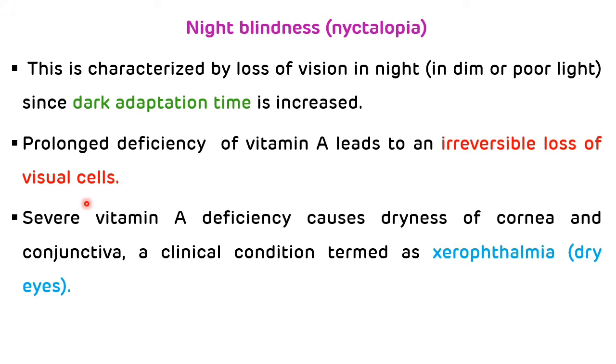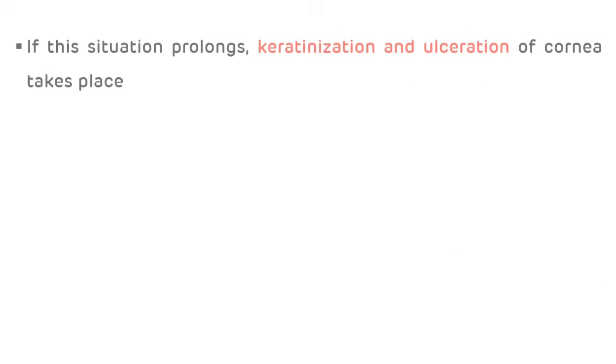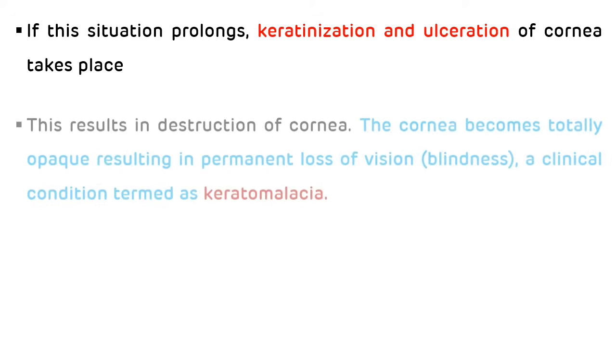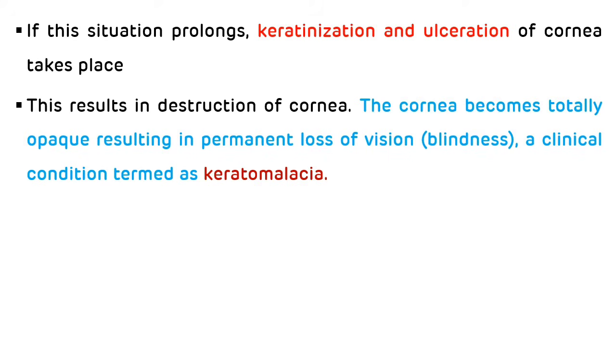And severe vitamin A deficiency causes dryness of cornea and conjunctiva. Cornea and conjunctiva are keratinized and the clinical condition is termed xerophthalmia, which is also known as dry eyes. If the situation prolongs, then keratinization and ulceration of cornea take place, and this results in the destruction of cornea.